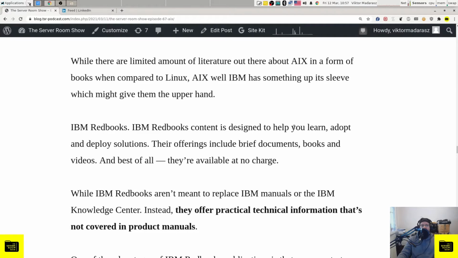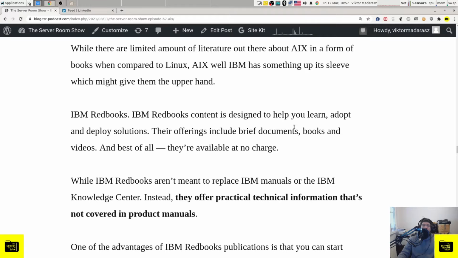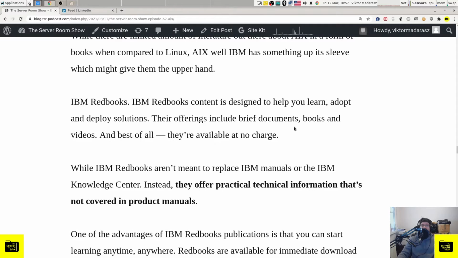While there is a limited amount of literature out there about AIX in the form of books when compared to Linux, IBM has something up its sleeve which might give AIX the upper hand.